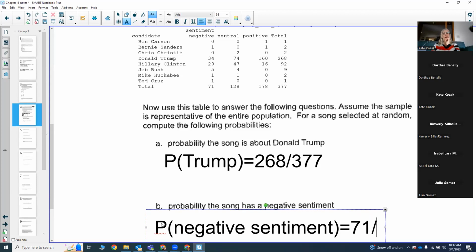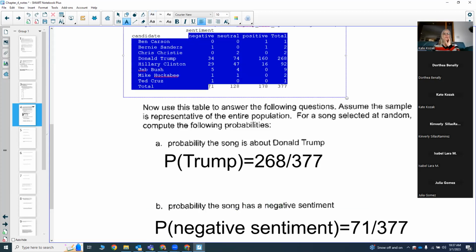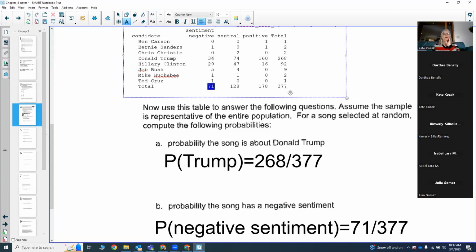So 71 out of how many songs? 377. So all I did was I took this column total, the negative column total, and I put it over my total. And you can see that this says total here, this one says total here. So this 377 is my total.